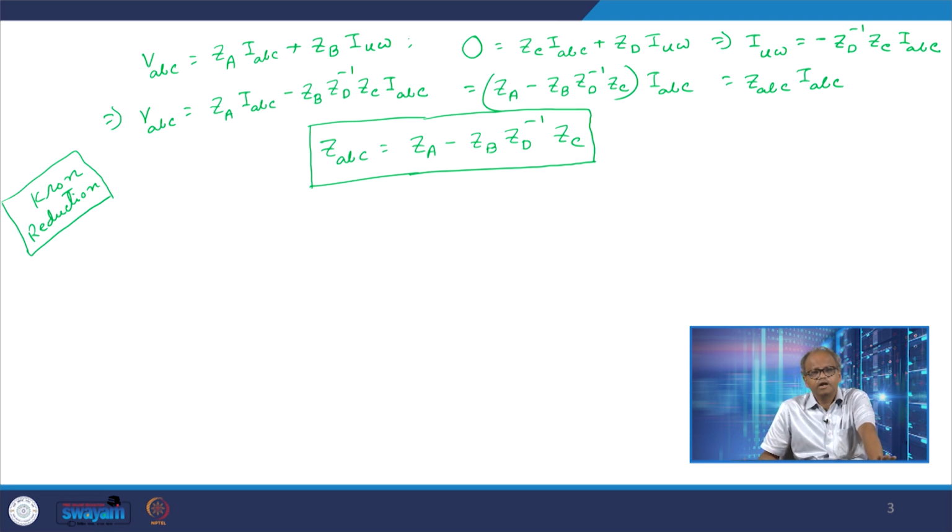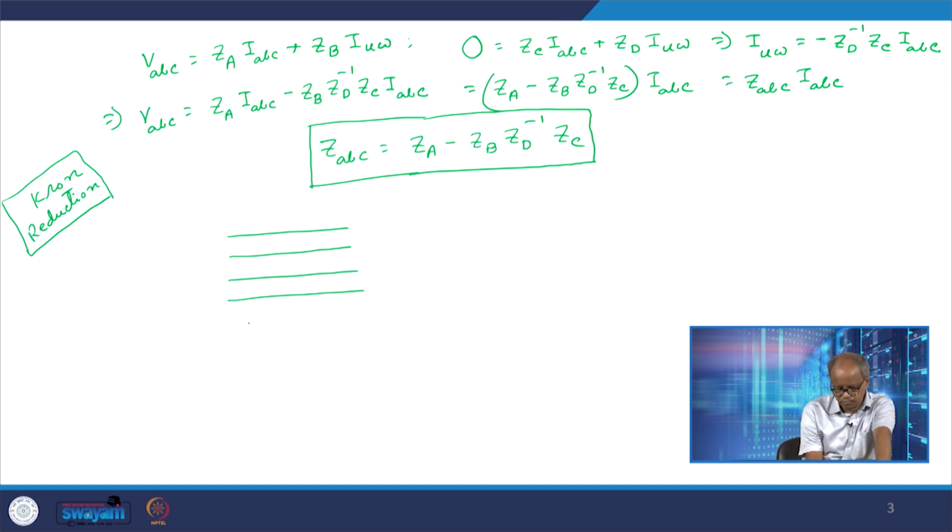Now, because we have handled so many cases, probably we can also handle the case where I have, say, bundle conductors. So these are bundle conductors, phase A, phase B, phase C, and then again a ground conductor.